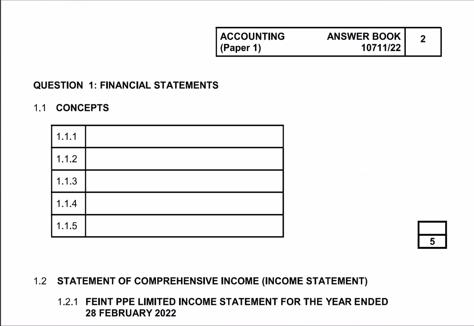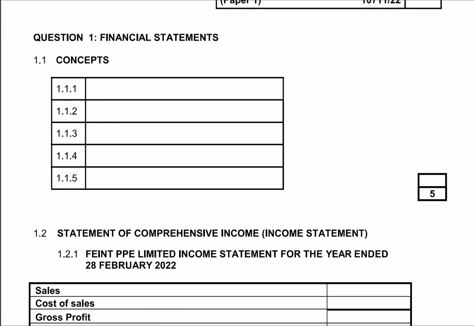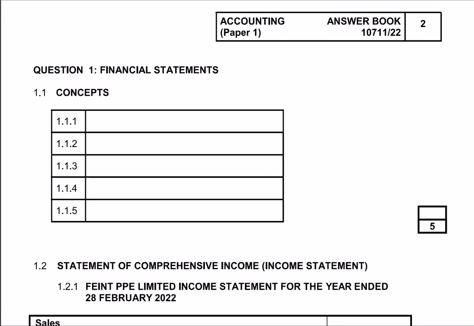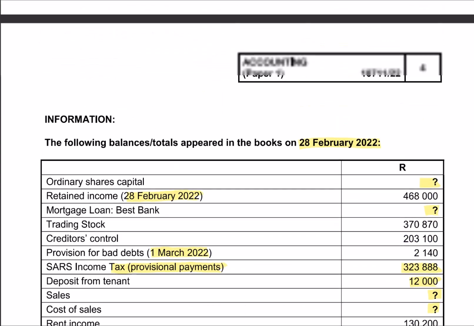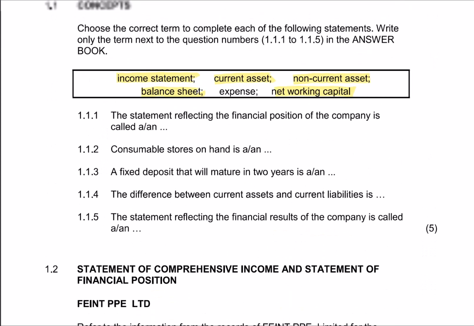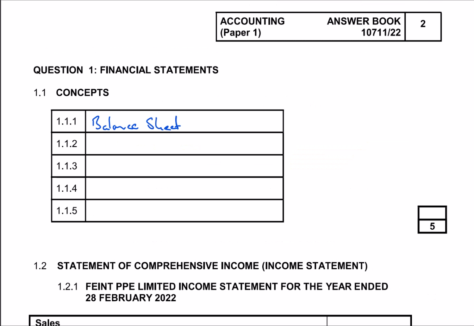Right, these ones I highlighted earlier. I think this was the balance sheet. Then 1.2 was consumable stores, current assets.